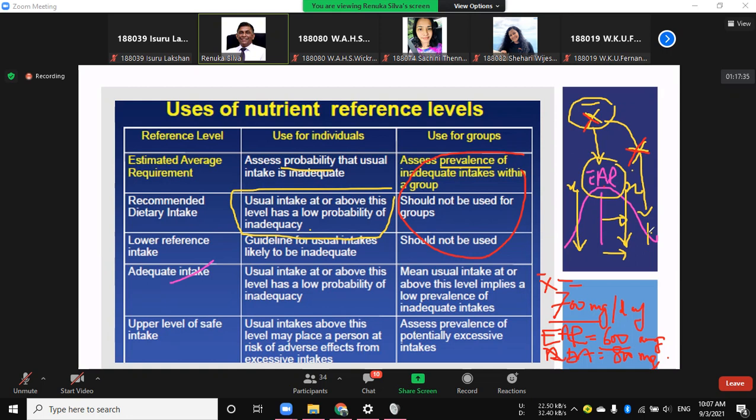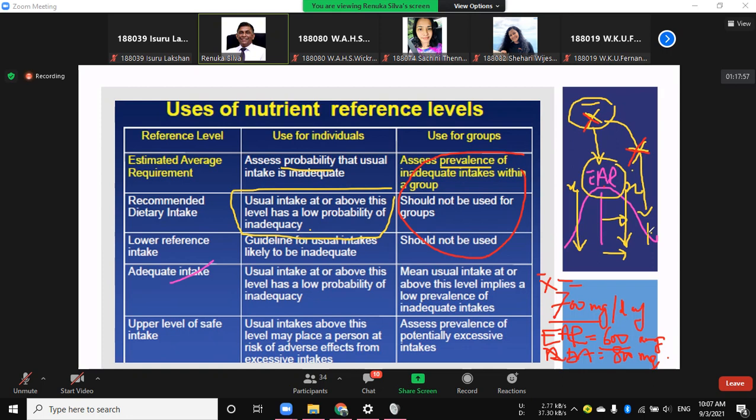RDA is given for the population, true, but RDA is given for a particular country considering individuals. So individuals should target RDA. You should target to get not EAR but RDA.